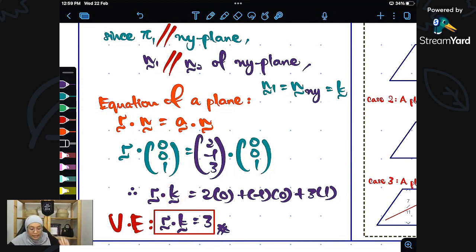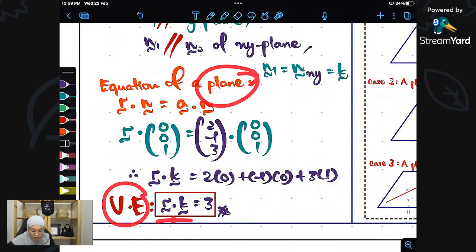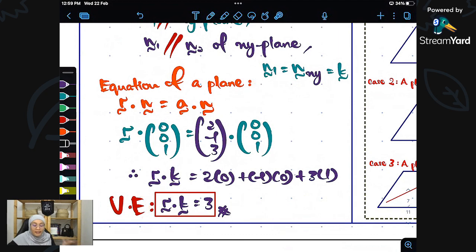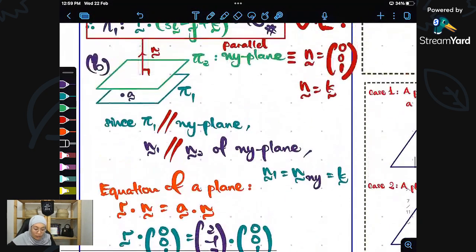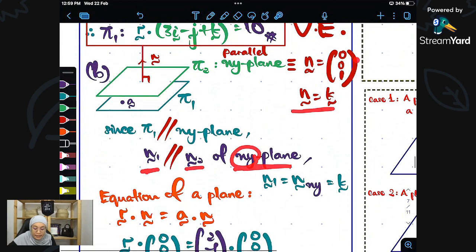Therefore the final answer in vector equation of plane ya. Vector equation of plane is R dot K is equals to 3 only. That's it. That is our answer. I really hope you understand the meaning of parallel, okay? The parallel to the XY plane is 0, 0, 1.